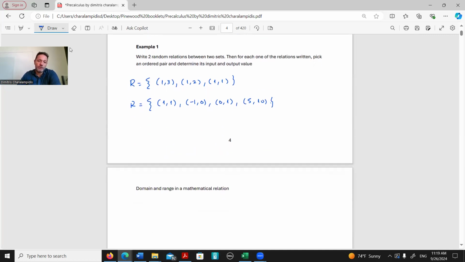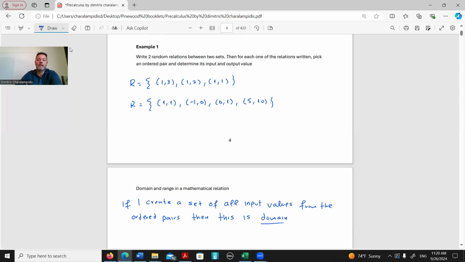In a relation, if I create a set of all input values from the ordered pairs, this is called the domain of the relation.